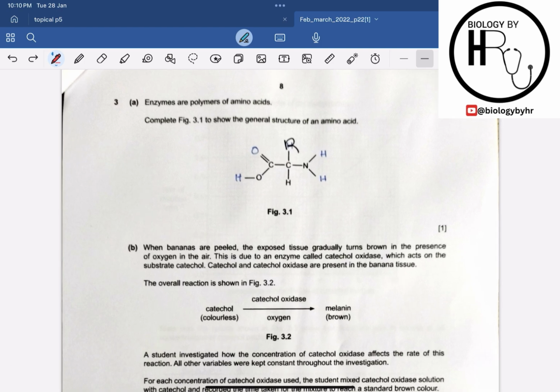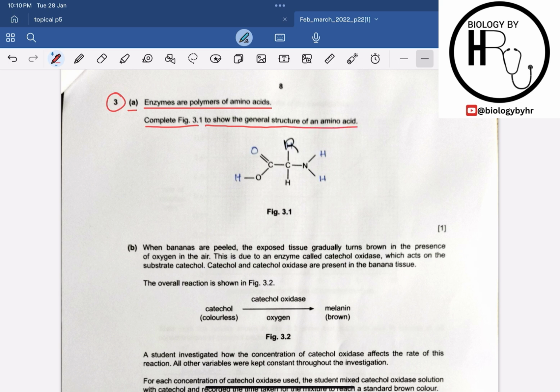Alright, so now let's move on to question number 3. Question 3, part A says that enzymes are the polymers of the amino acids. Complete figure 3.1 to show the general structure of an amino acid.